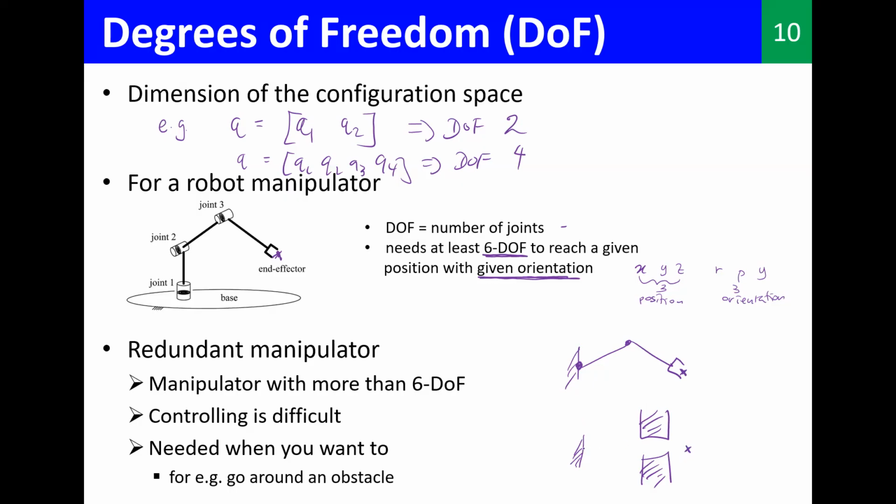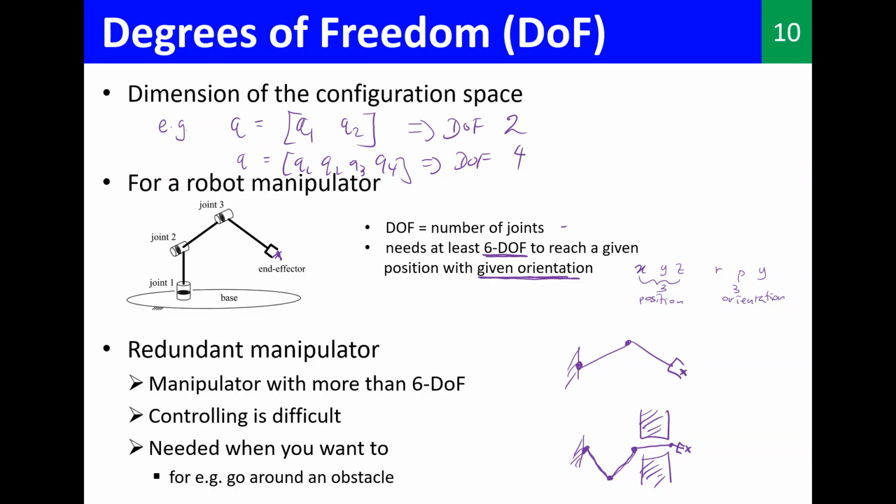I'm just giving an example. Let's say we have many joints like this, right? Then we can actually approach it. If you look at a snake, it's like a number of joints connected together, so it can go through these kinds of obstacles without hitting them, right? That's a scenario where we sometimes need more than 6 degrees of freedom.